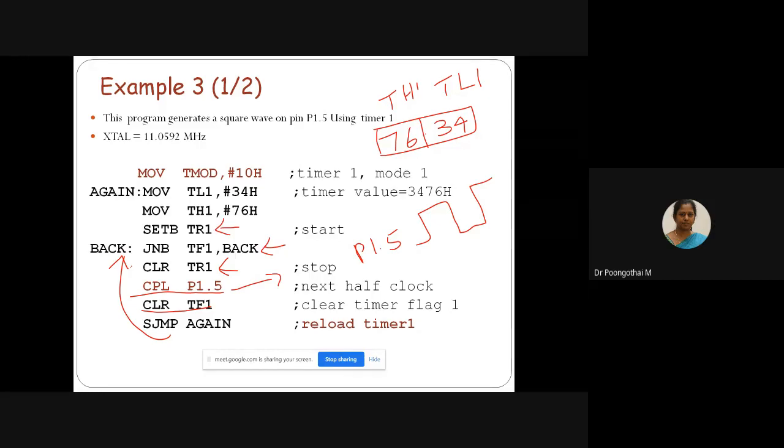First, you convert this value, that is 7634, into decimal, okay?